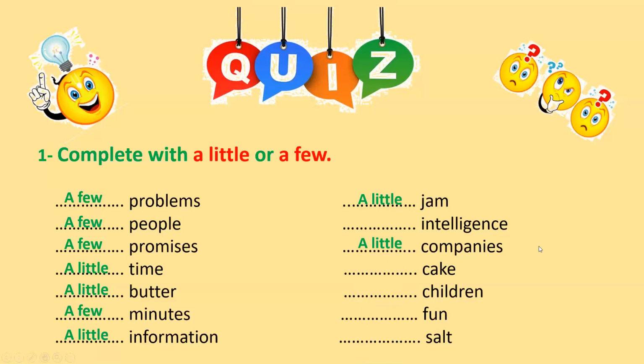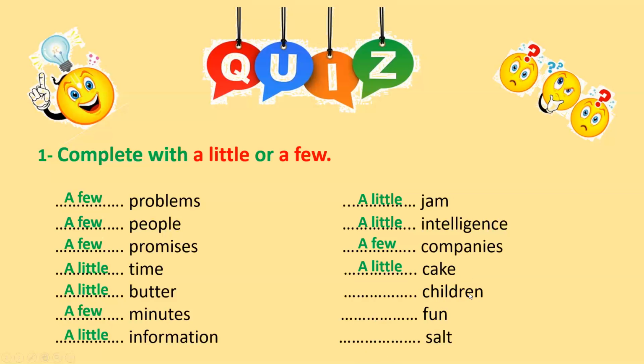And we put a little intelligence. Companies is in plural here. 1 company, 2 companies. So it is a plural countable noun. So we put a few companies. Cake is like bread. So we put a little cake. It is uncountable.